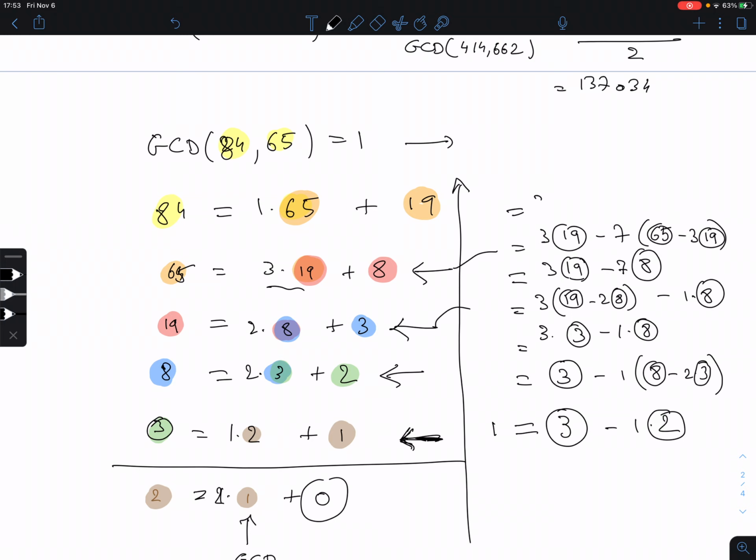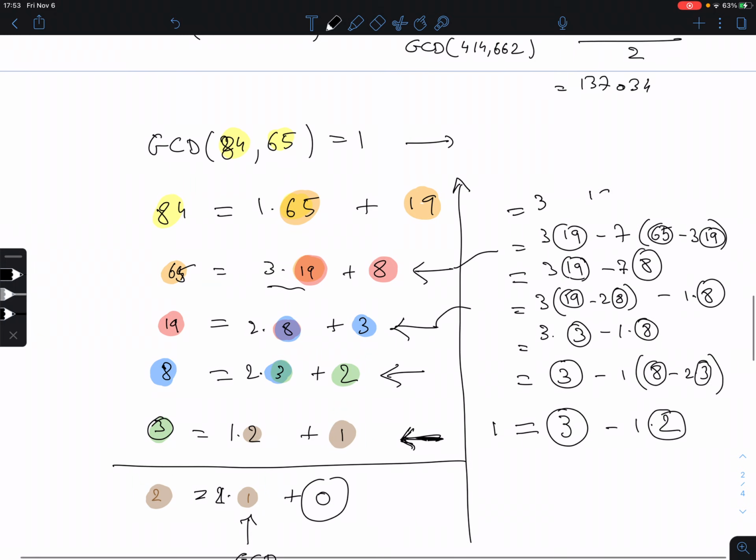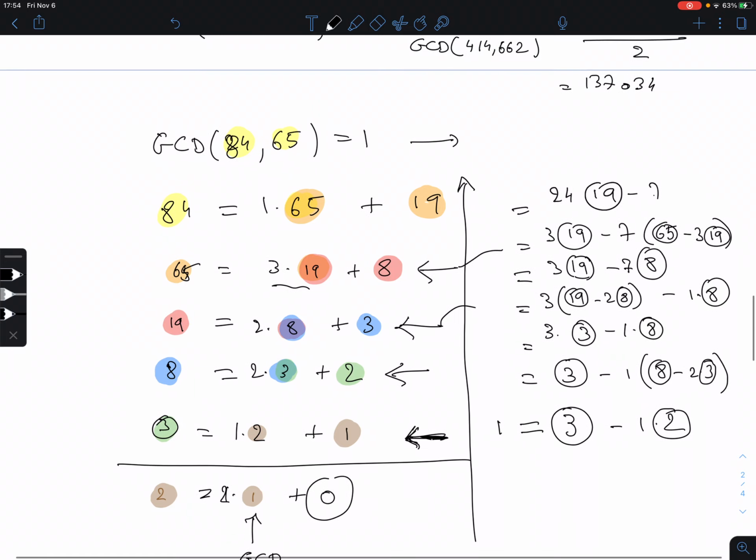So that will be 3, how much is that? Let's figure it out. It's a 3 there, and a minus 7 times minus 3, that's 21, plus 3, so 24. You see, these numbers in the front can also be big numbers. In the previous case they were small numbers, but they can get big too. And that's why we have to keep track of what's the circled number and what are these coefficients, okay? So that's that, minus 765, because I'm not changing that.